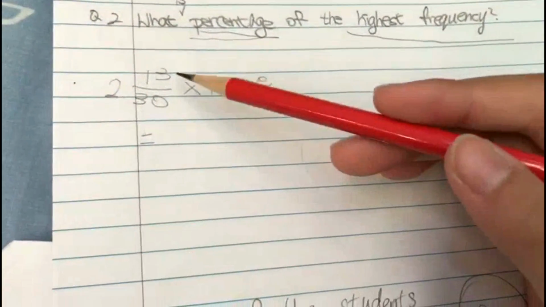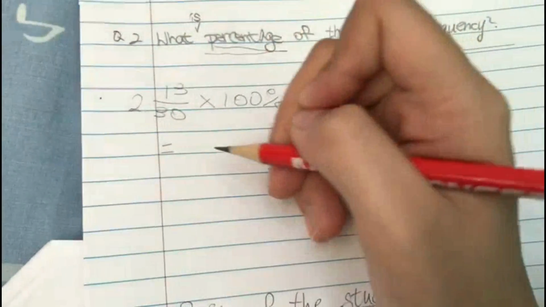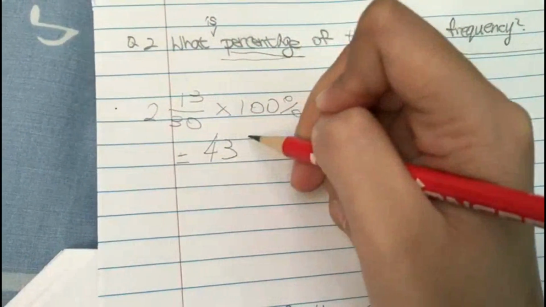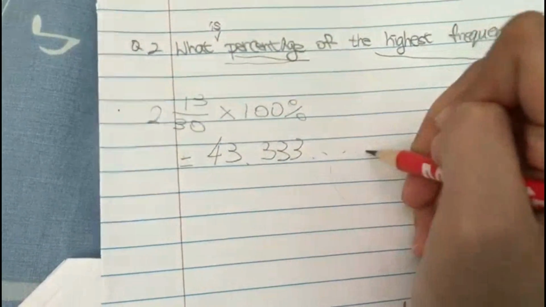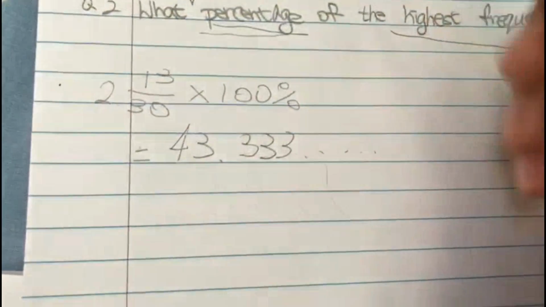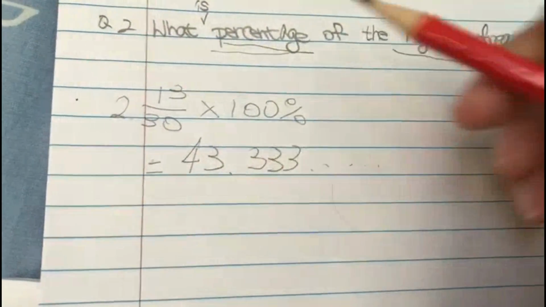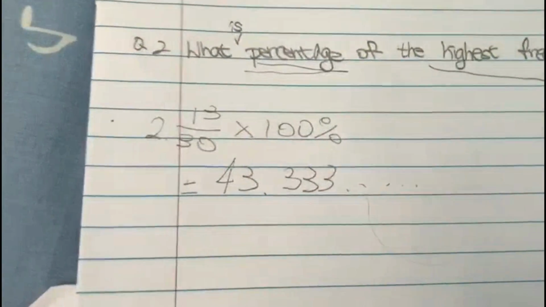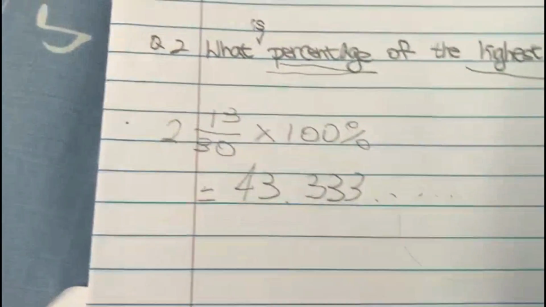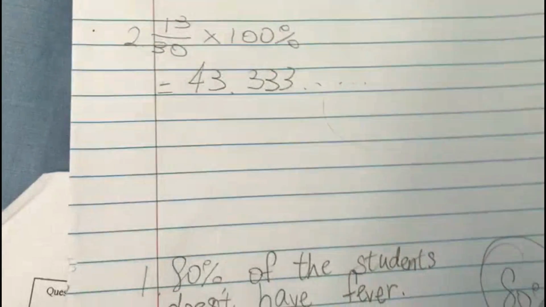So the answer for this is 43.333, and that continues. Actually, you guys should use a calculator, because it's going to be hard if you just use your brain.